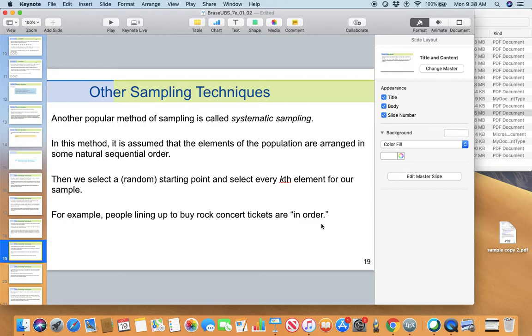Make them all line up and start randomly at some number, say between 1 and 12. Say you randomly choose 7, and then add 12: 7, 19, 31, and so on until you're out of tickets. So you randomly begin with the starting point, but then you go in order. The kth element, 10th element, 20th element, whichever.